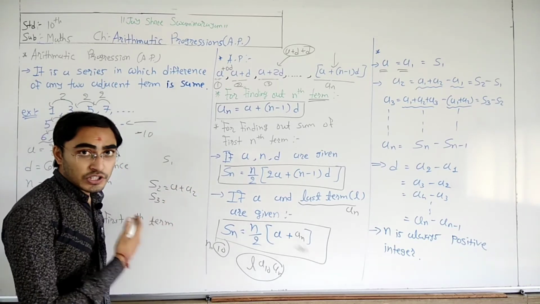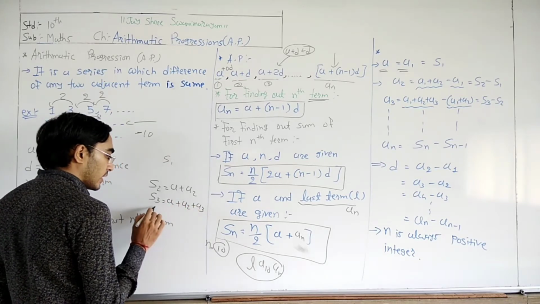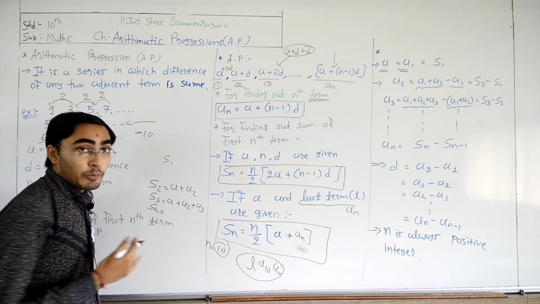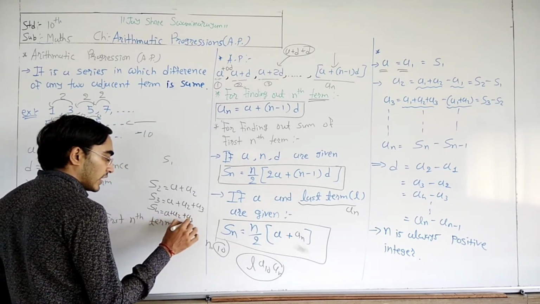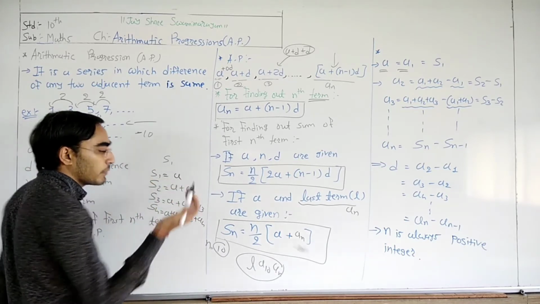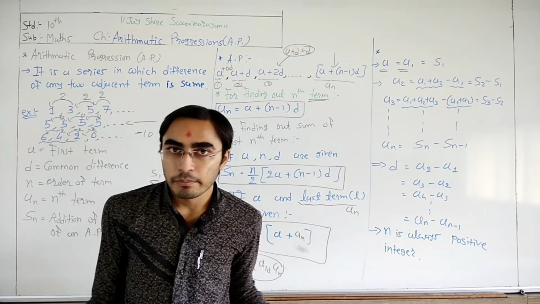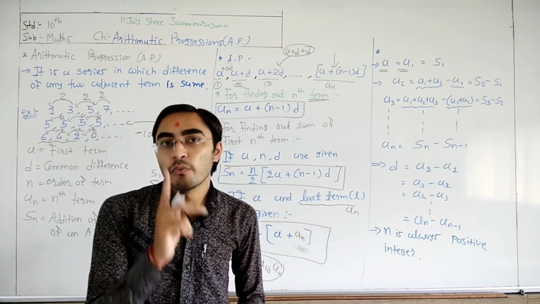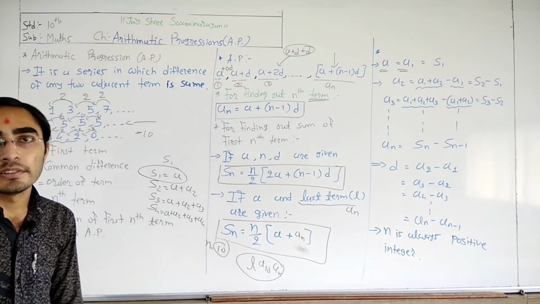S3 is the sum of the first three terms, a plus a2 plus a3. S4 is the sum of the first four terms, a plus a2 plus a3 plus a4. Similarly S1 means only the first term, the sum of only one term, so it is the same. So S1 and a both are equal.